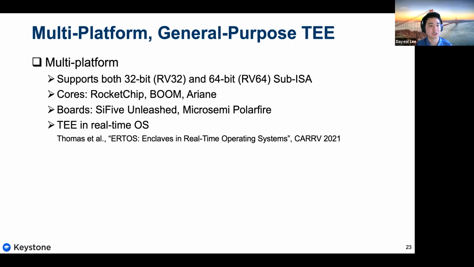For example, we can support both the small 32-bit addressing mode, which is the RV32 sub-ISA of RISC-V, and the 64-bit sub-ISA. Also, we can run various RISC-V cores available out there: Rocket, BOOM, or Ariane. Those are cores that we know can run Keystone. Those are all standard RISC-V cores, and no modification was needed for those cores.